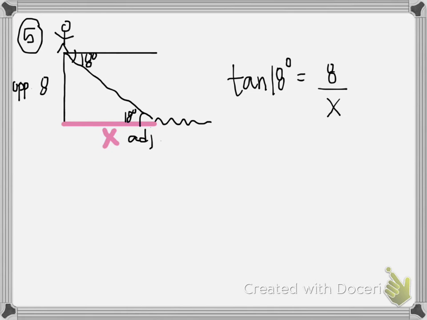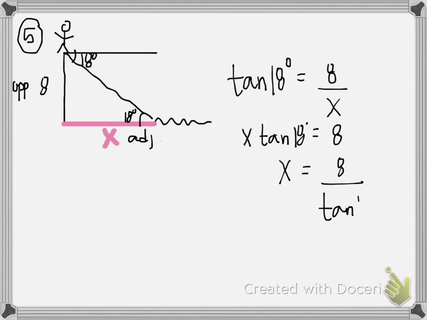To solve this, you'll have x times tangent of 18 degrees equal to 8, and divide both sides by tangent, so x is equal to 8 over tangent of 18 degrees. 8 divided by tangent of 18 is 24.6.